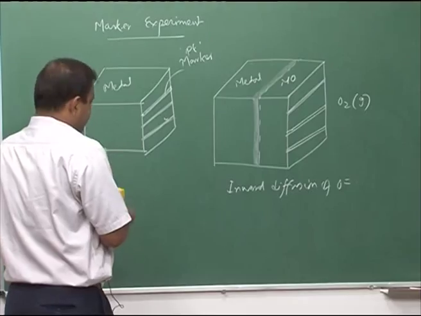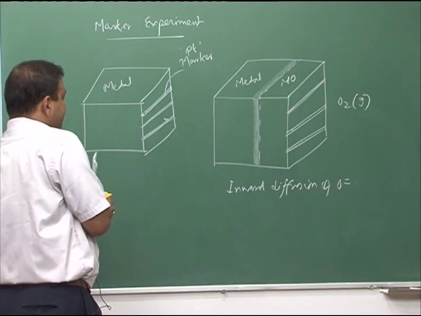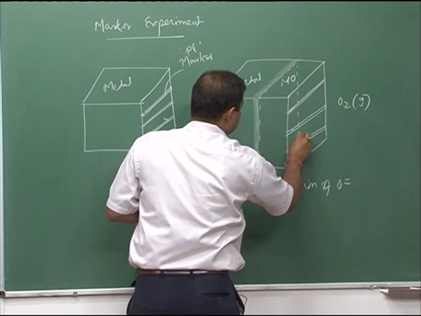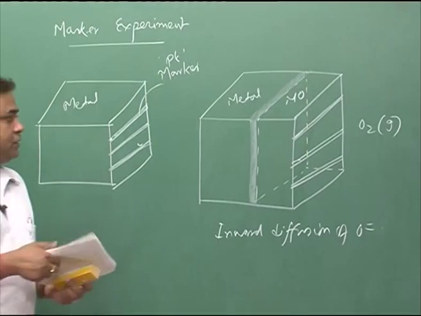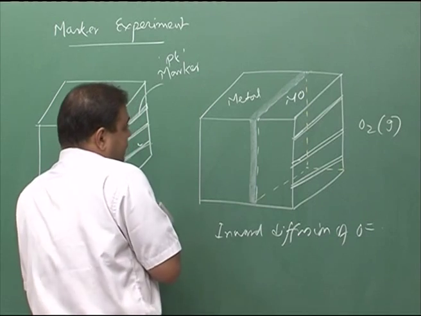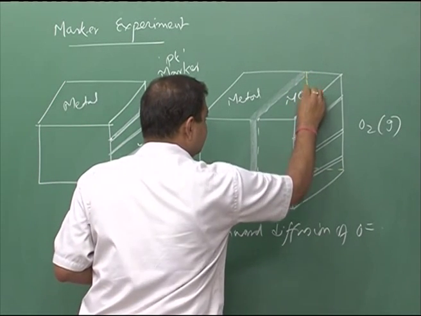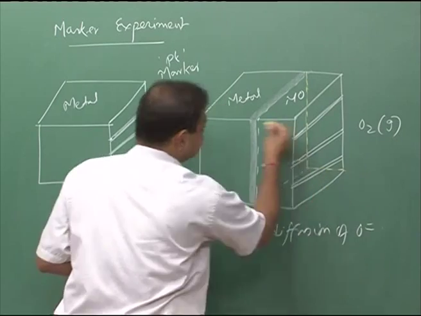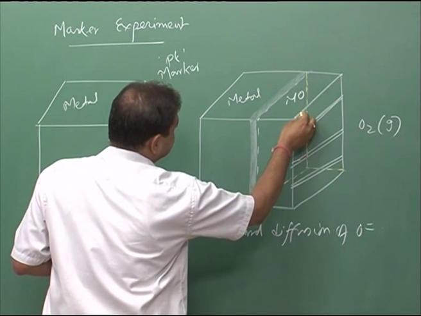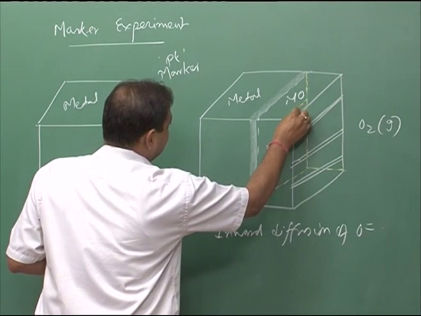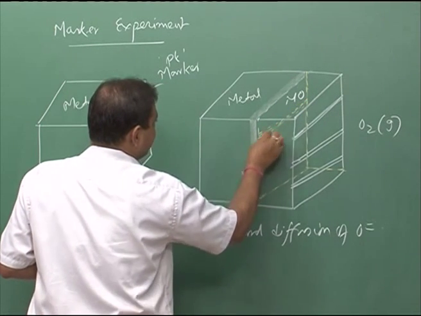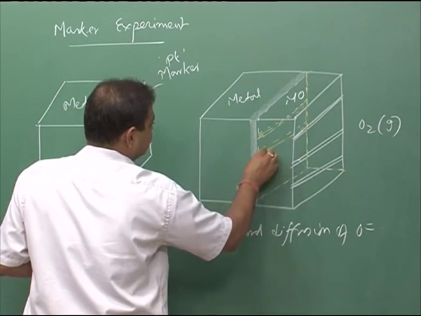Now, similarly, another case would be if we consider that this is the other surface, the inside surface, and we see that those platinum wires are on the inside surface, this is the platinum wire position, this is another position.